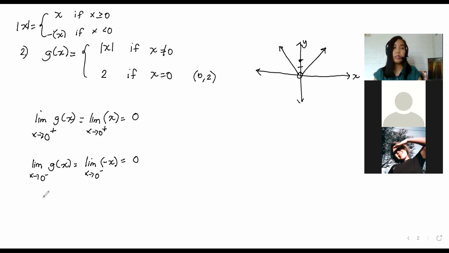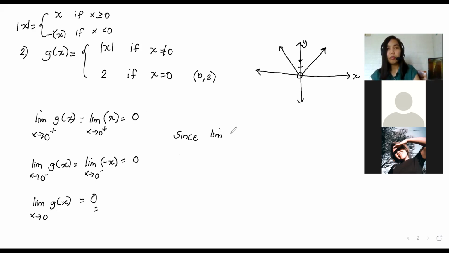Okay? So, pwede na nating ilagay 0 from the right exists, 0 from the left exists. Therefore, the limit of g of x as x approaches 0 is what is the value? 0.